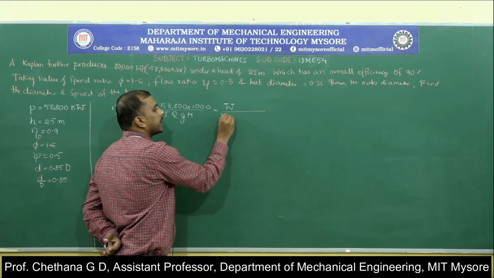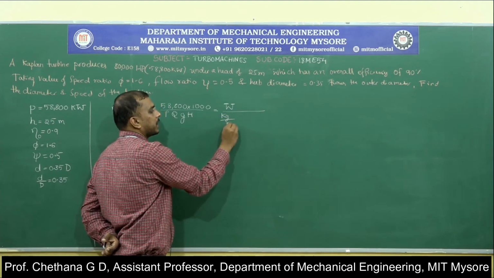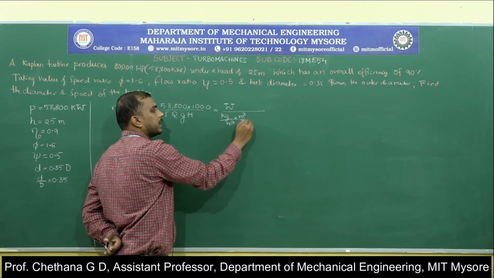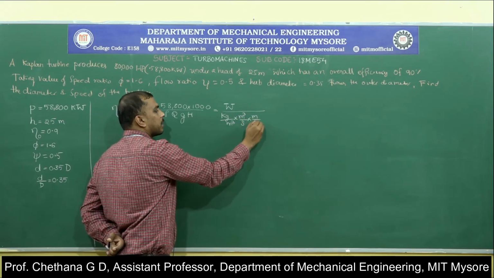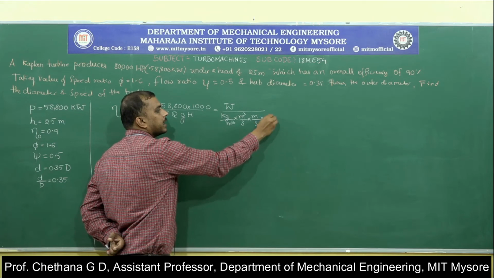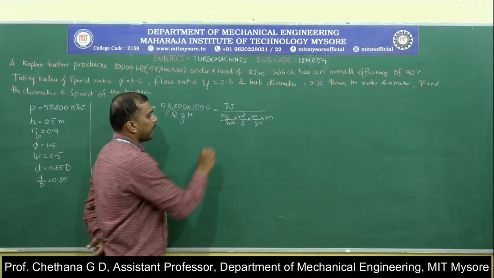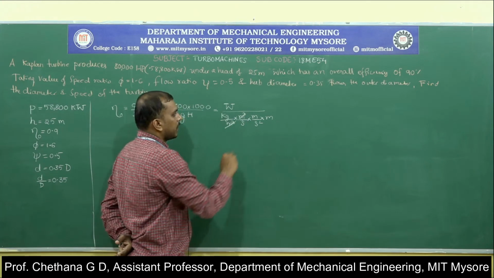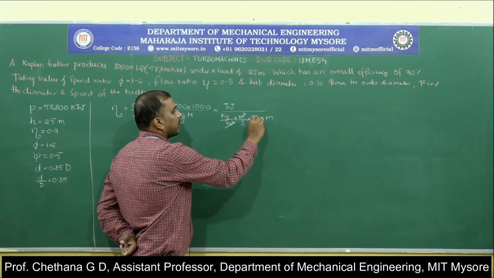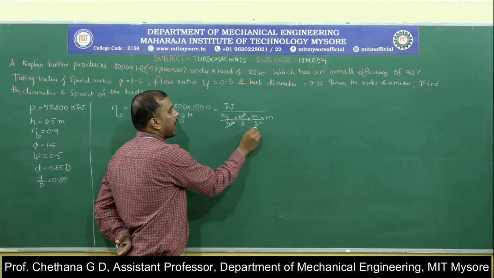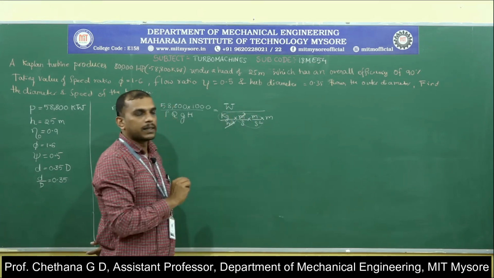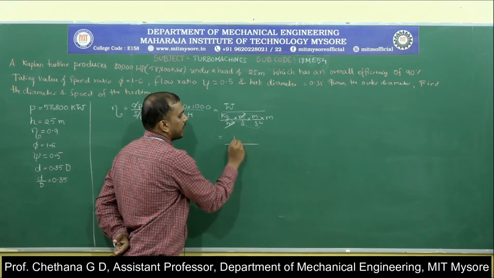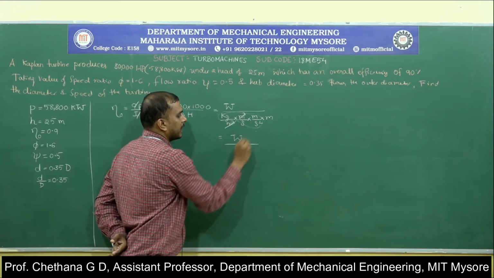Let us see. Density is in kg per meter cube, discharge is in meter cube per second, gravity is in meter per second square, and head is in meter. Now meter cube gets cancelled out, and then you have kg and meter per second square, that is mass into acceleration, which is Newton.